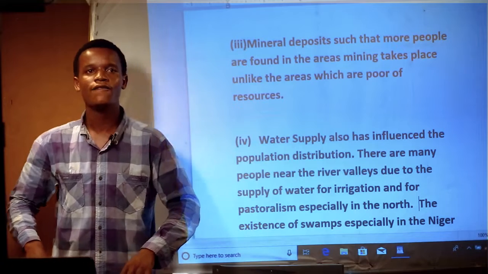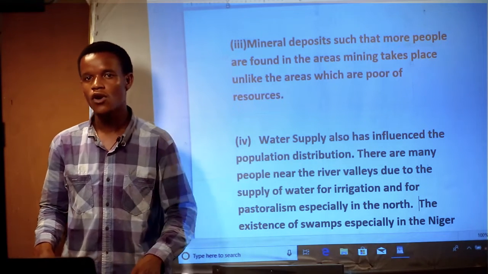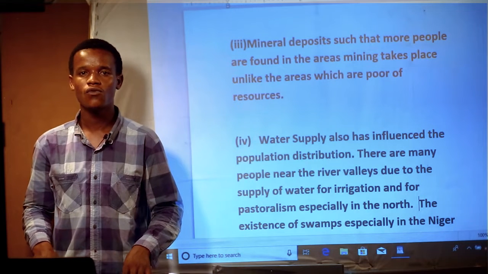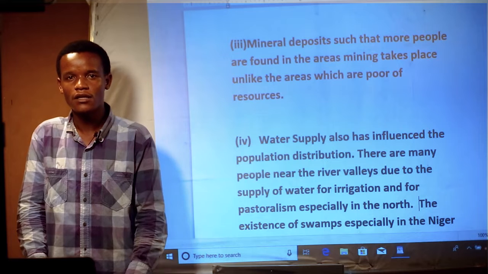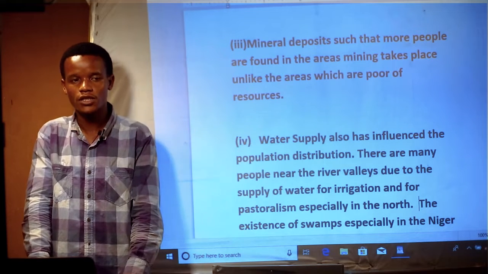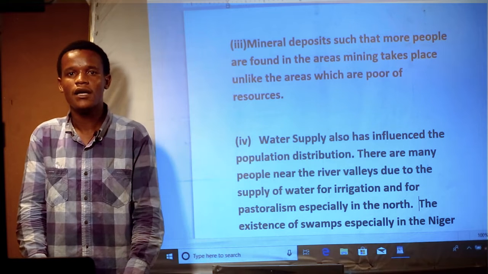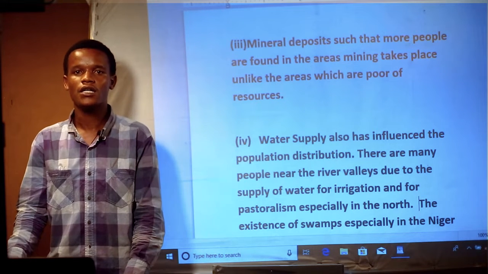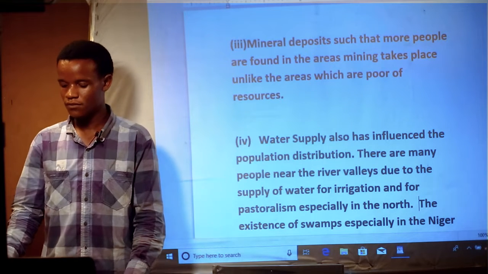The areas that have mineral resources tend to have higher population since many people will engage in mining, while the areas that have no mining resources tend to have low population since that area does not attract many people to live there. So due to that reason, the population tends to be low.